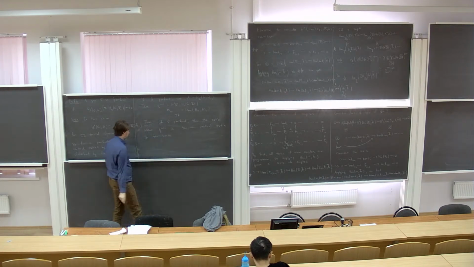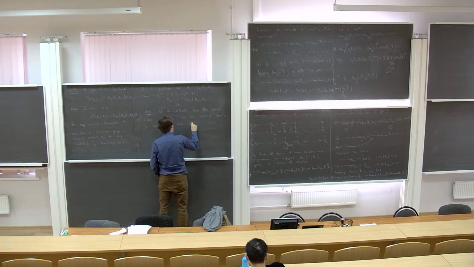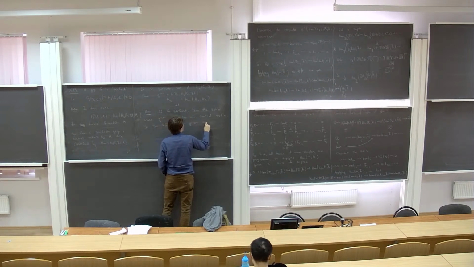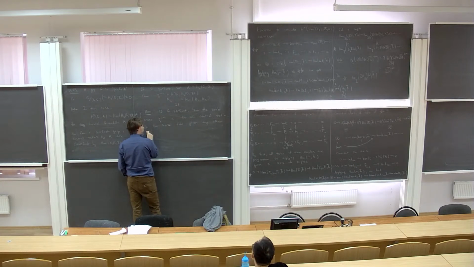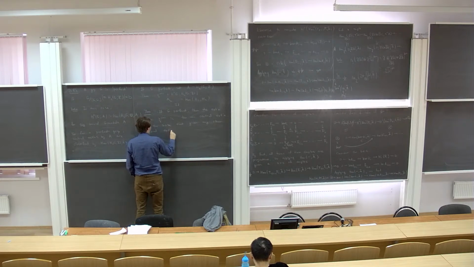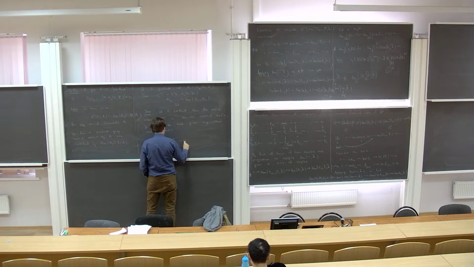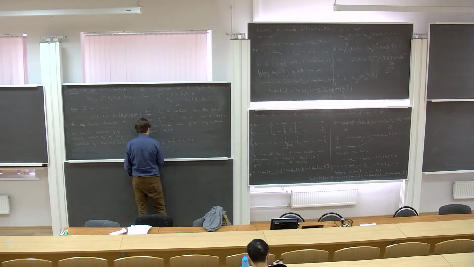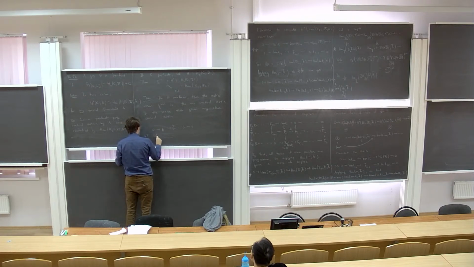In the sense that given any other central extension, so let's say it looks like A, G tilde, G like this, with cohomology class.